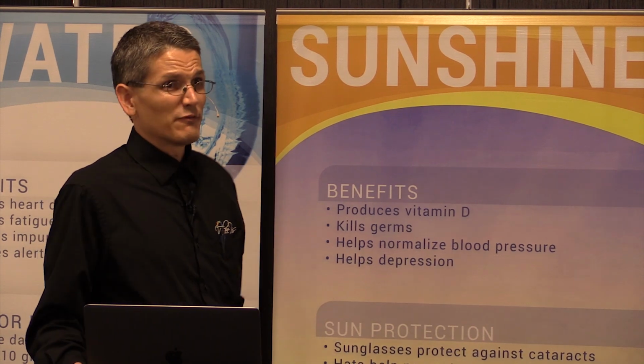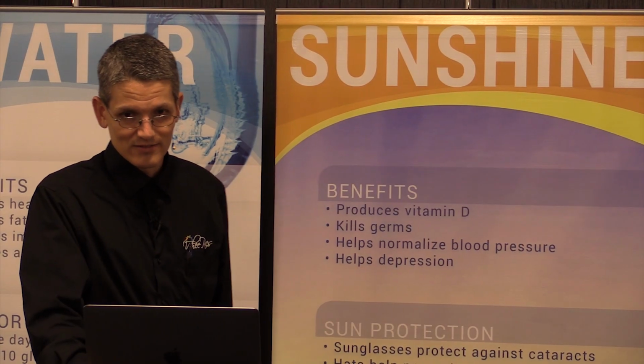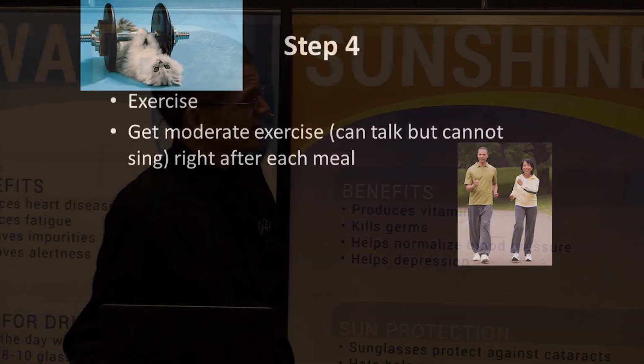Right? Step 4, exercise. Let us get our exercise, right? So moderate exercise. Moderate means that you can talk, but you can't sing while you're doing it. It's the poor man's intensity guide. So moderate intensity exercise means that you can talk while you're doing it, but you cannot sing while you're doing it.